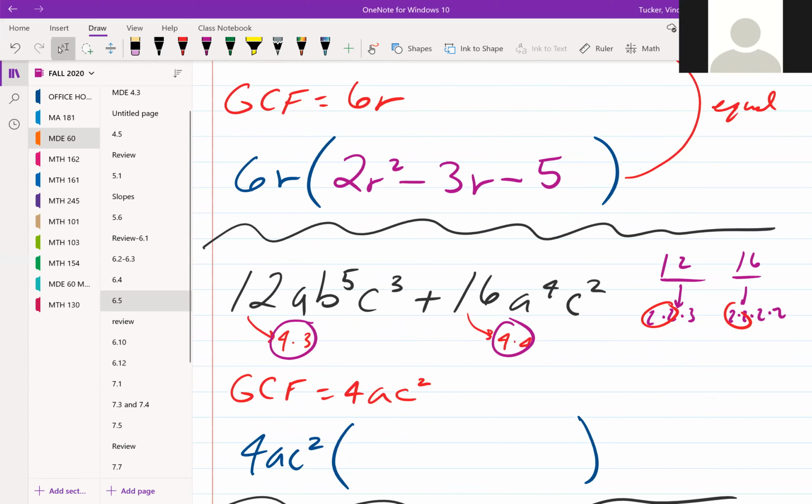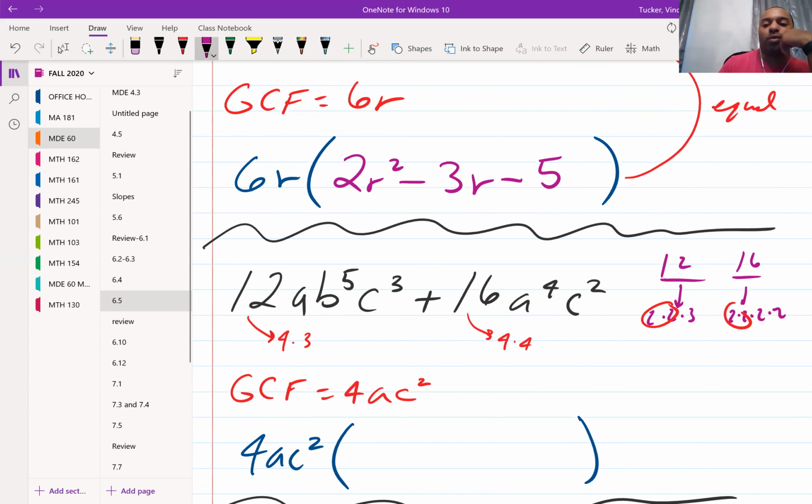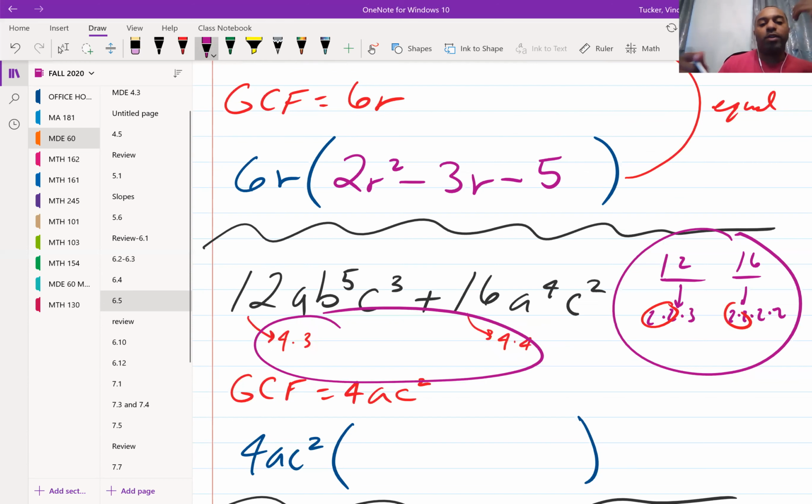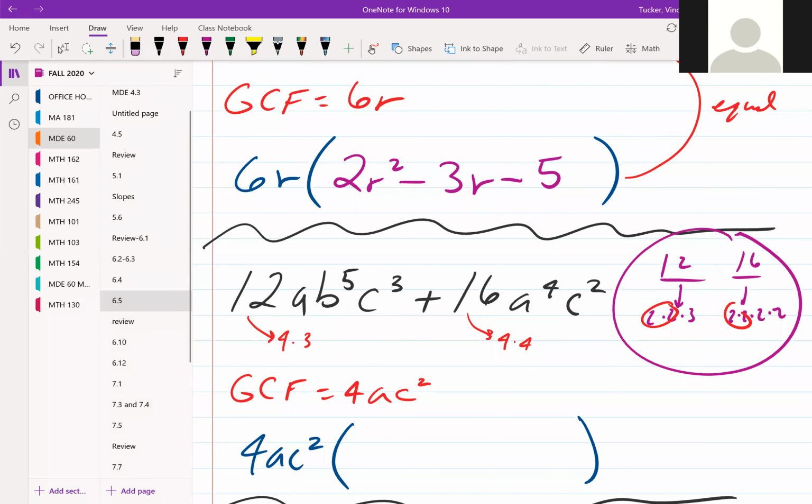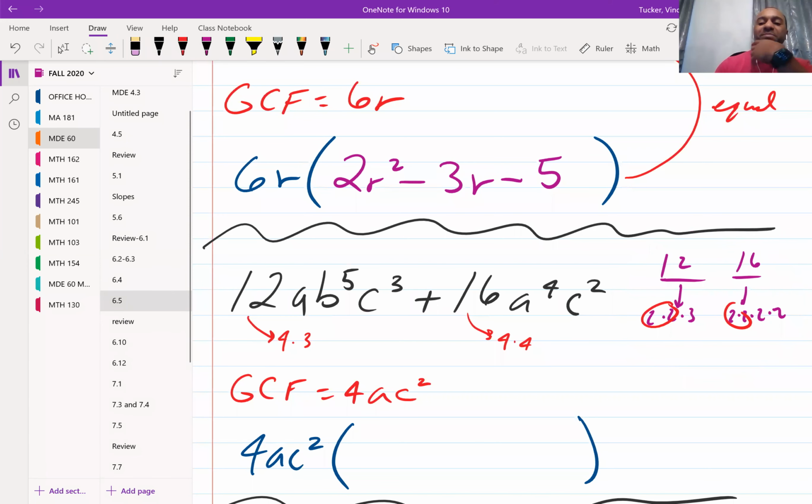Well, no, the 2 times 2 is the 4. Oh, okay, that's where I was getting confused. So you're either doing it this way or this way, but either way, you should be getting 4. Yes, I got the 4, I just didn't know how. All right, so you good at it? Yes. Okay, cool.